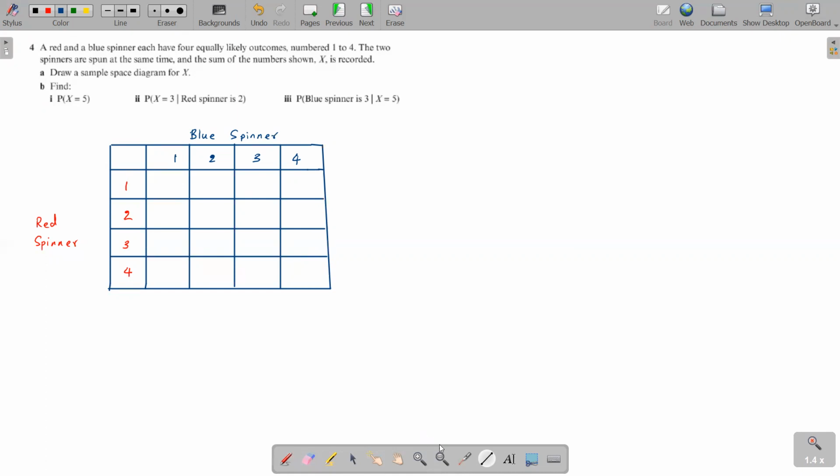All right, so here we have the blue spinner and the red spinner. Now let's write the outcomes.